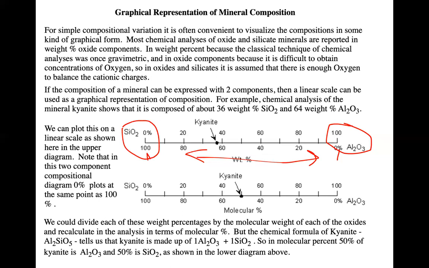So like that you can represent. Kyanite is an example for an aluminosilicate, right? Another kyanite can be a little bit enriched in alumina, so it is going a little bit further than the previous kyanite shown here.